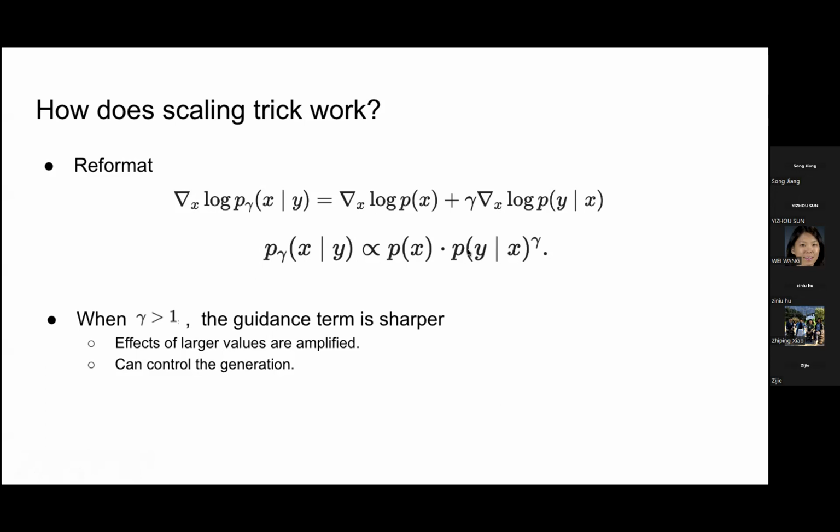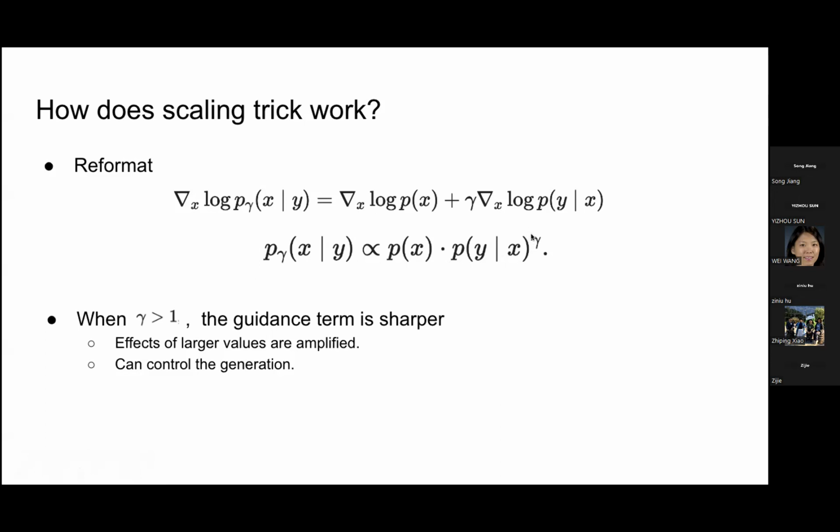For example, if gamma equals 1, we may have P of Y1 given X is 0.2 and P of Y2 given X is 0.1, so 2 times.